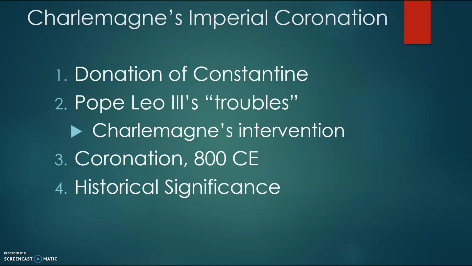But this comes to the story of the coronation of Charlemagne. The story goes that to reward Charlemagne for his defense of the Pope, the Pope invites him to Rome for a Christmas Day Mass at St. Peter's Basilica. Charlemagne goes in and is supposed to be the guest of honor.